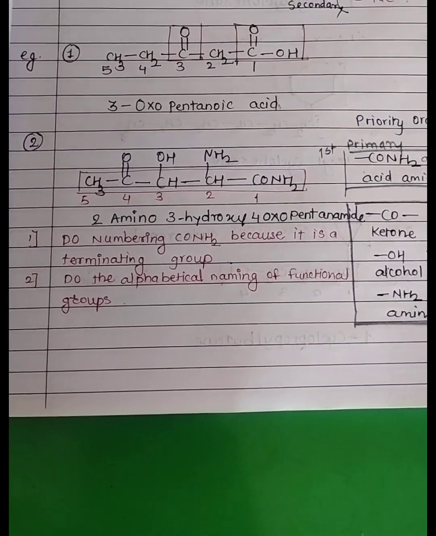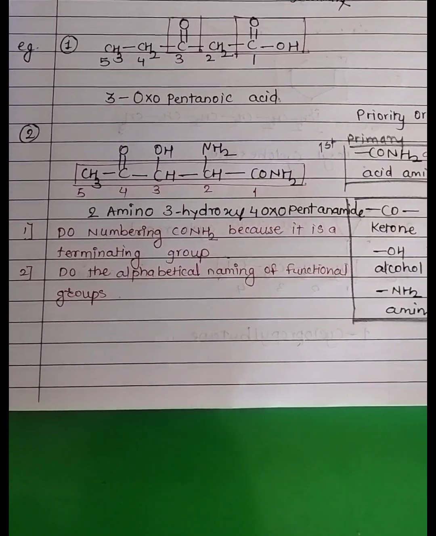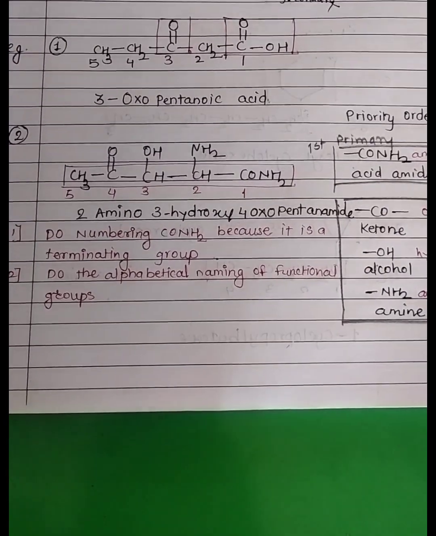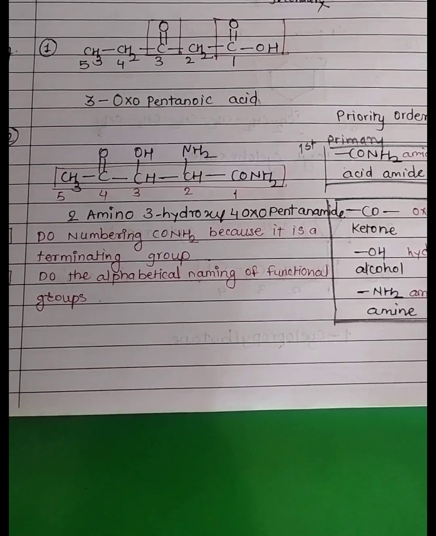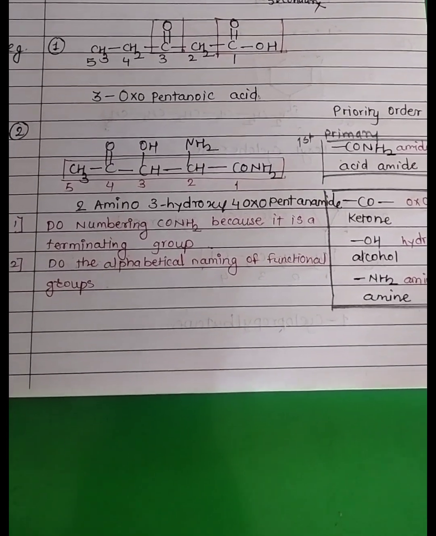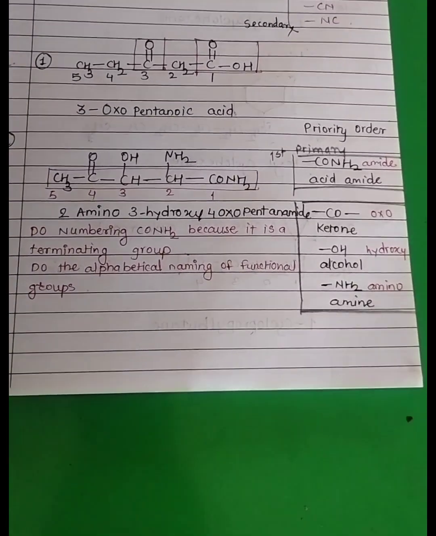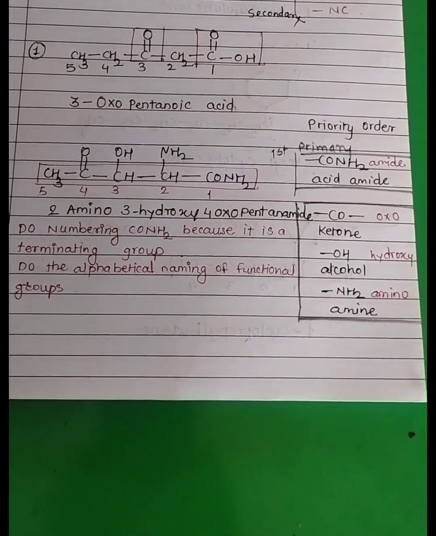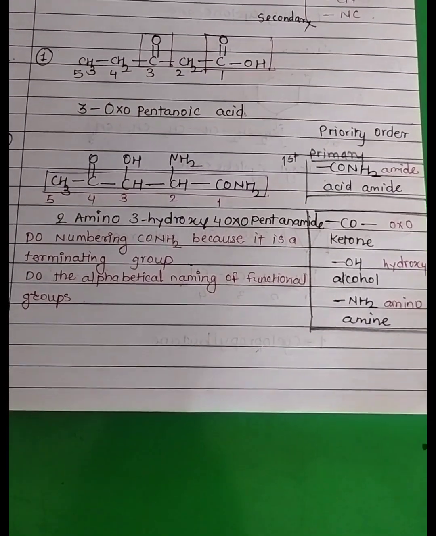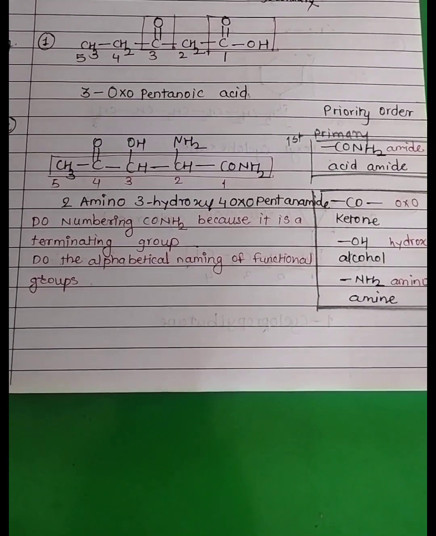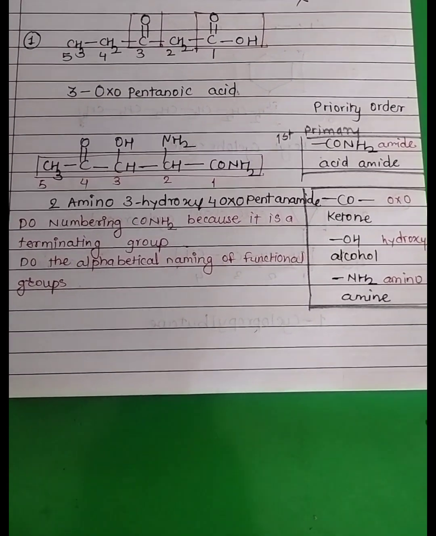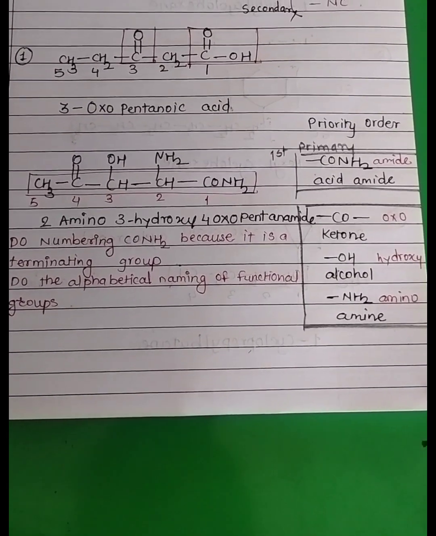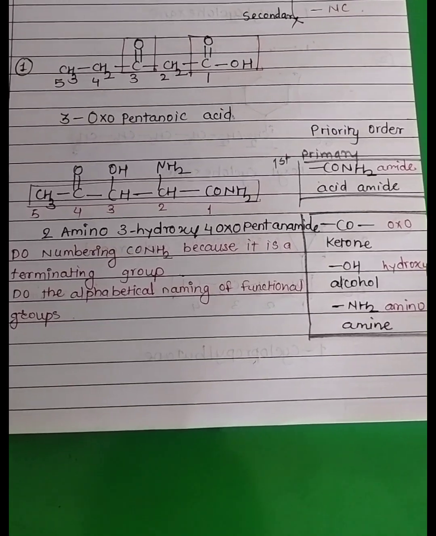Then in the next example, more than one functional group is present in the compound. So how do we name this compound? According to the priority order, the primary position goes to the CONH2 functional group, which is called an amide or acid amide.